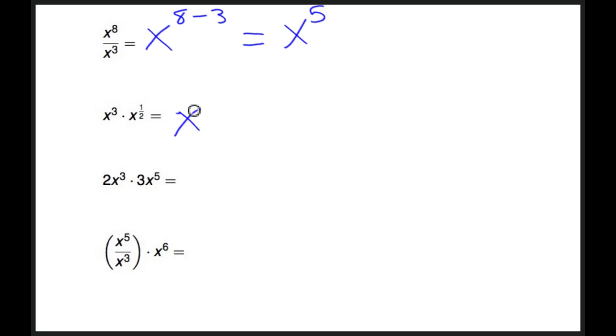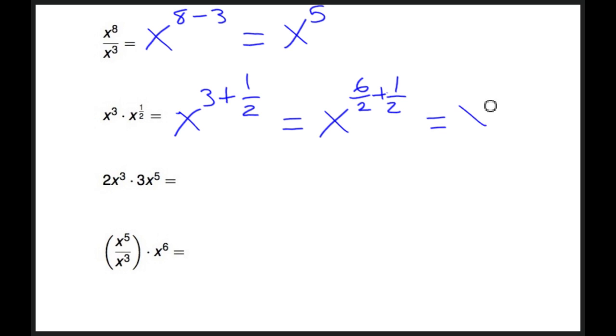Okay, so this will be x to the 3 plus 1/2. And you'll likely want to combine those to be a common fraction. We won't talk about how you do that in this video, but I'm sure you can find some others online that will tell you how to do it. So this is 6/2 plus 1/2, or x to the 7/2, and that will be your answer in this case.